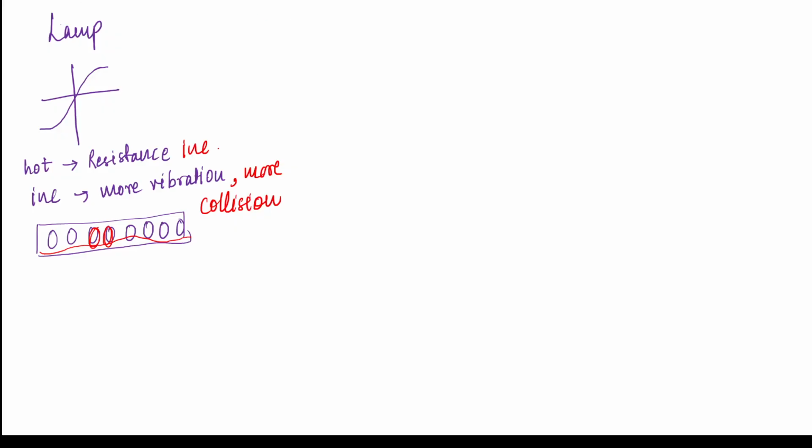If you then have, of course it's a filament lamp, if you then have, let's say, a diode, so what would be then the diode? The diode is the one that allows current only in one direction. When your potential difference becomes negative, the current becomes zero.